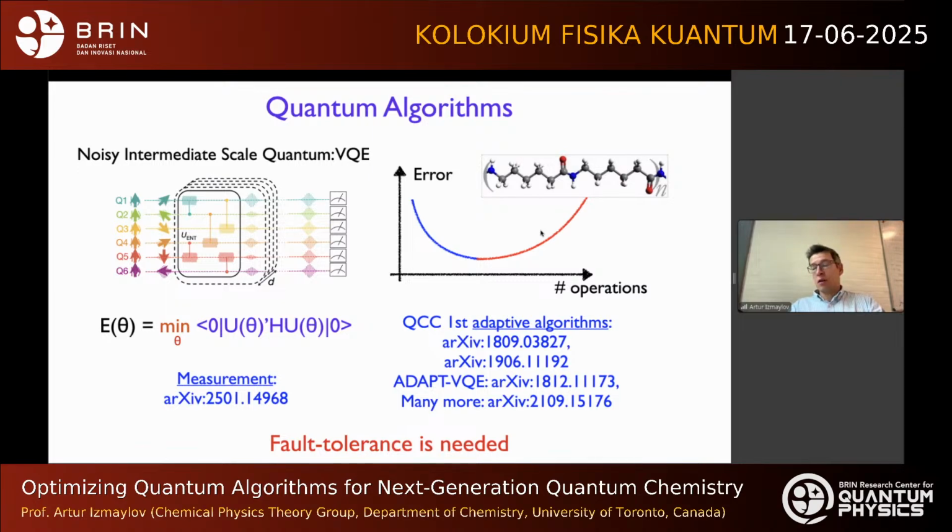Now, this is all a relatively long way to say that we need error correction, or we need to develop fault-tolerant algorithms, the algorithms that are okay with errors, because there is an extra part that corrects those errors, right? Those are called fault-tolerant algorithms.